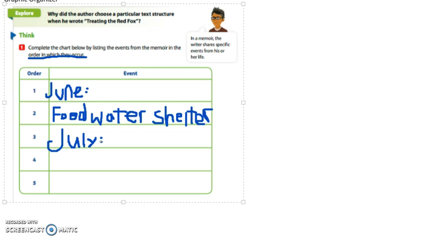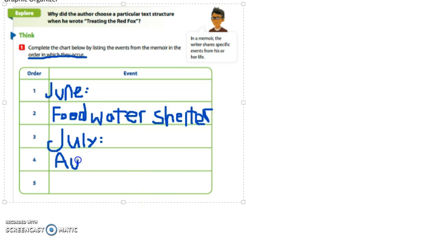The next box, number 4, the fourth thing that happened is the next month after July was August. And in August, the red fox brought home an injured silver fox to the writer's home for treatment.